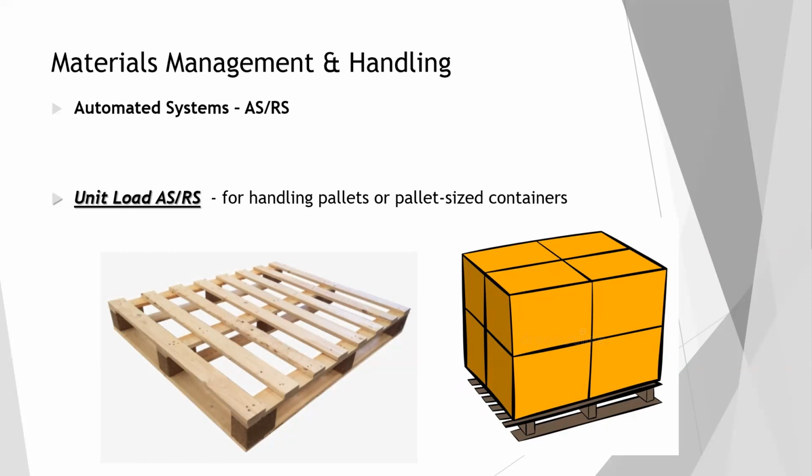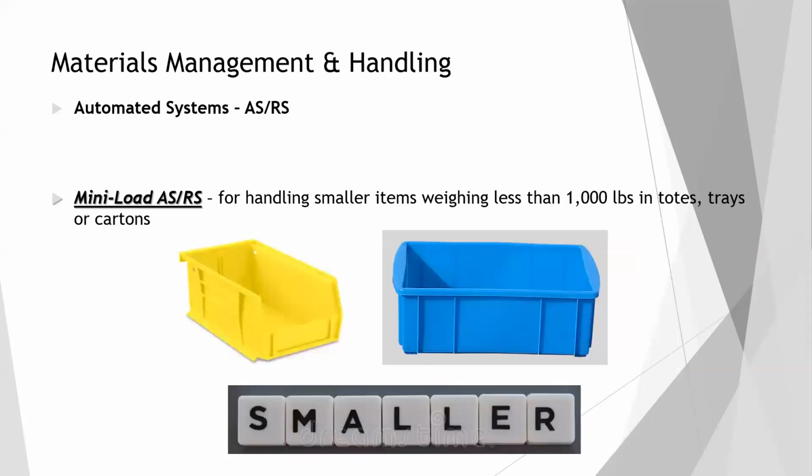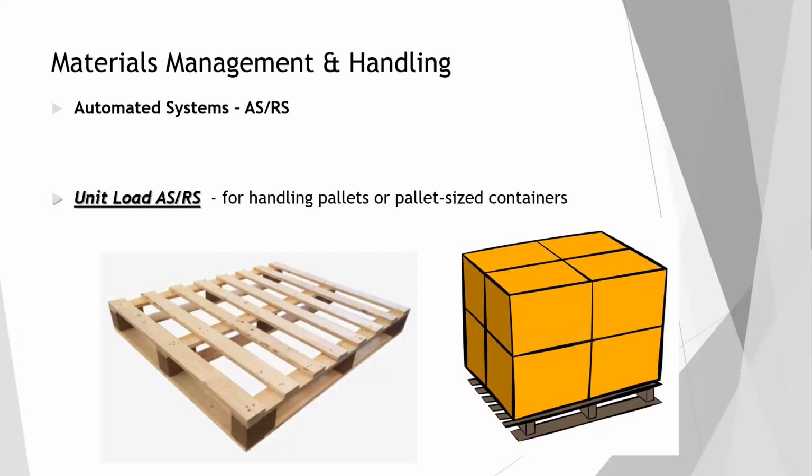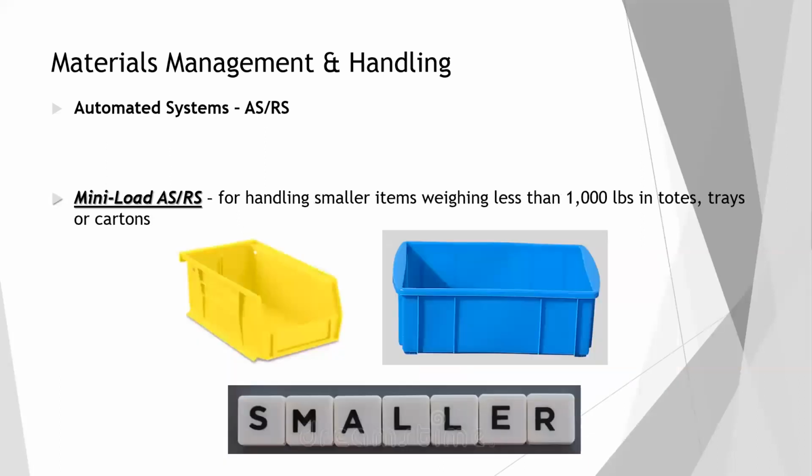A mini load ASRS is used for handling smaller items, things that weigh less than 1,000 pounds that could be stored in things like a yellow tote or a blue tray. So unit load is for pallet-size stuff, and mini load is for smaller things that can fit in various totes, trays, or even cartons.